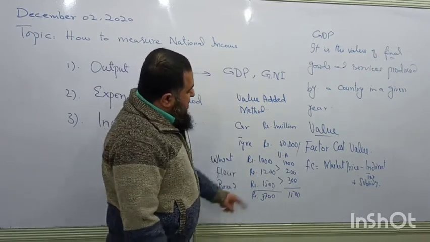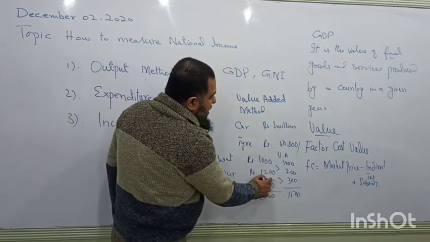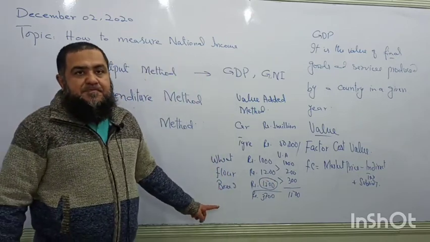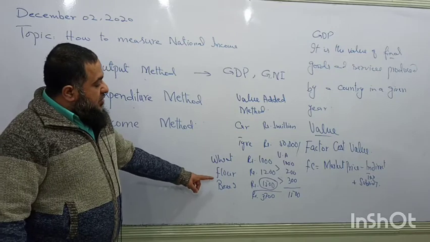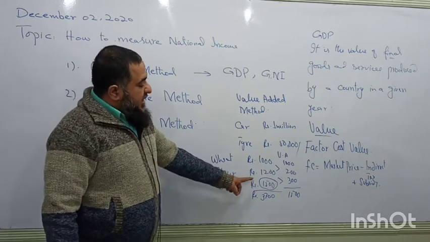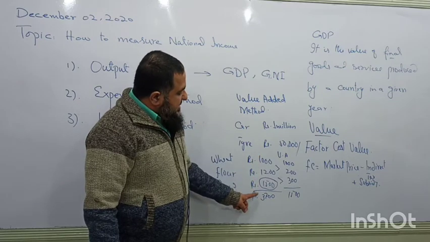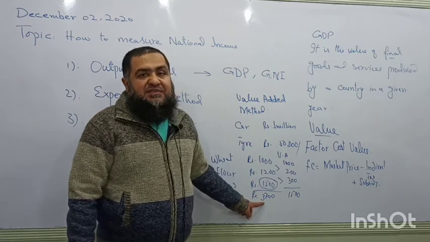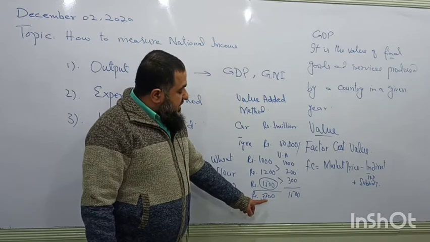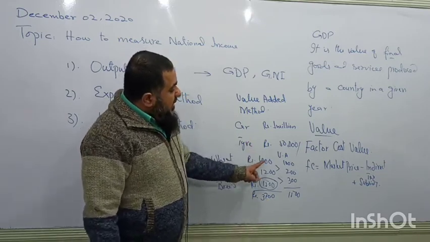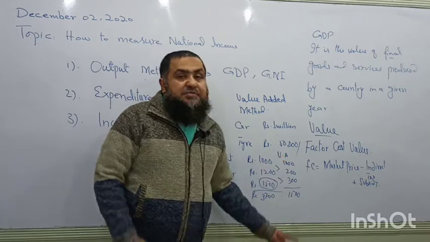So we are using the value added method, or the final goods value. The final good is the bread. Its value is 1,500, and if we include all the previous things, then the value of GDP will be 3,700. So we are not using this method in which the values of all the goods are added up, but we have the value added method.